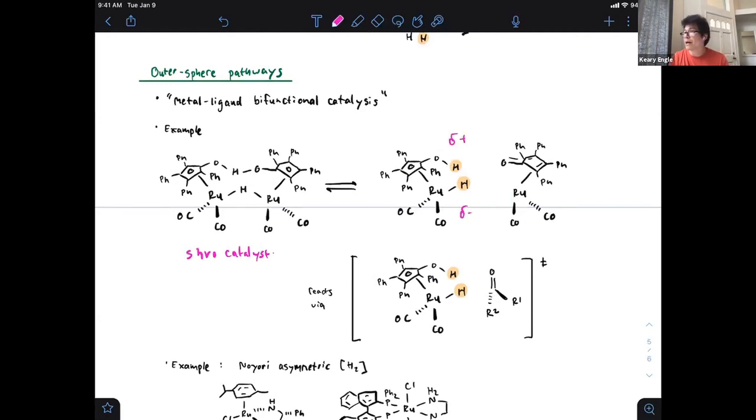So you have now an OH bond, which is protic in character, delta plus, and then a ruthenium hydride, which is delta minus in character. And this can reduce carbonyl compounds or imines equivalently through a transition state that looks like this.